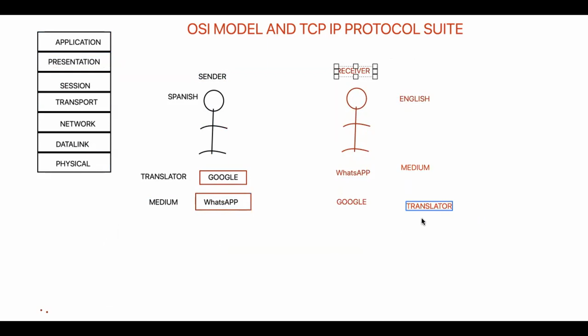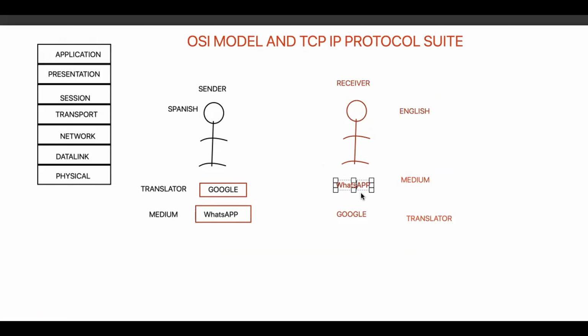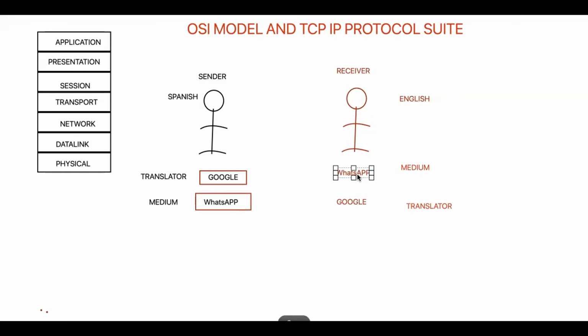So she translates our English message to Spanish and then uses the medium WhatsApp again to send the message back to John in Spanish that John understands. I hope you've been able to understand this message.